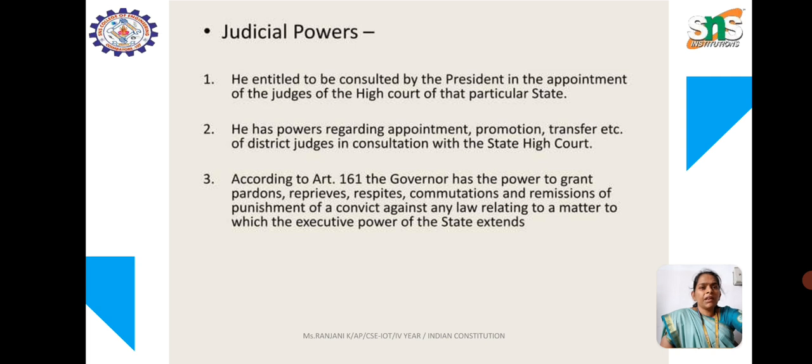He is consulted by the president in the appointment of the judges of the high court of the particular state, and he has powers regarding appointment, posting and promotion of district judges. According to Article 161, the governor has the power to grant pardons, reprieves, remissions and commutations of punishment of a convict against any law.